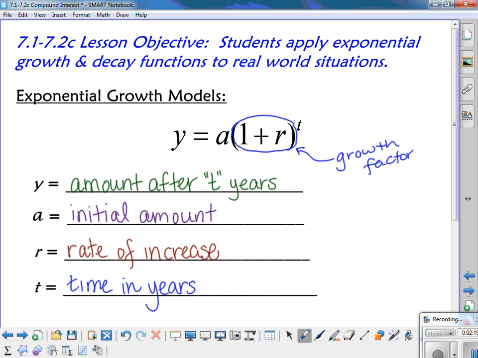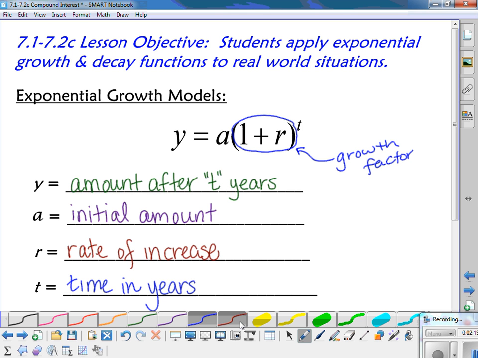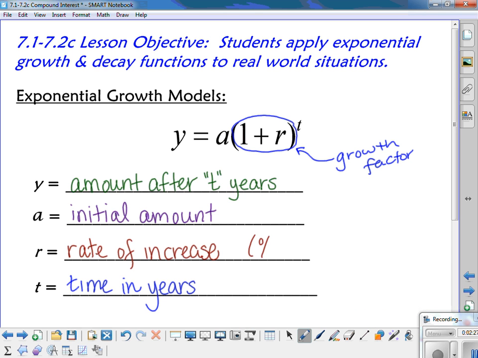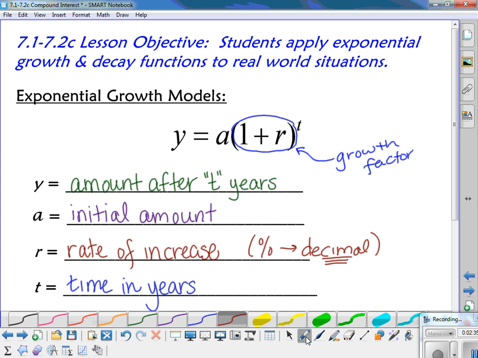Okay. All right. So the main thing, what I see most often as an area where people make an error, is they forget that when the rate is given as a percent, they need to turn it into a decimal. So that's important. Don't forget to turn your percent into a decimal.